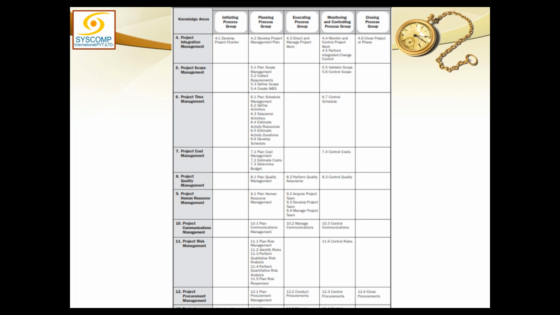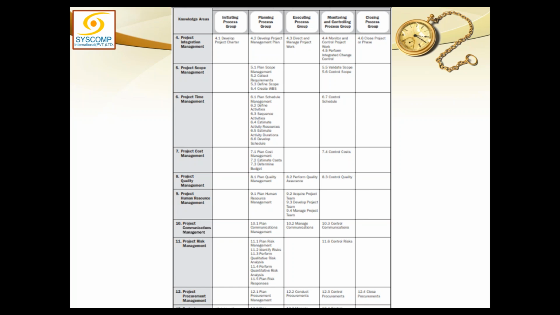I'll talk about it. Then is monitoring and control. We have got processes of control against every knowledge area, but the exception is human resource management. There is no monitoring and control process for human resource management.